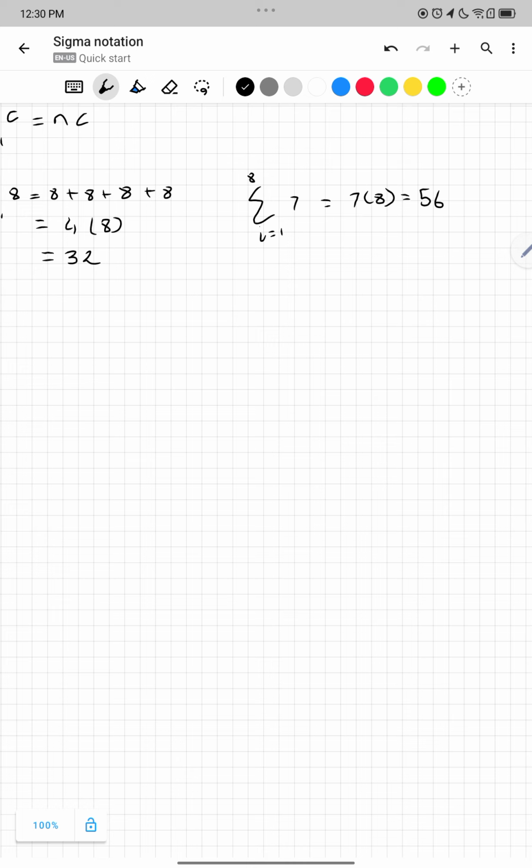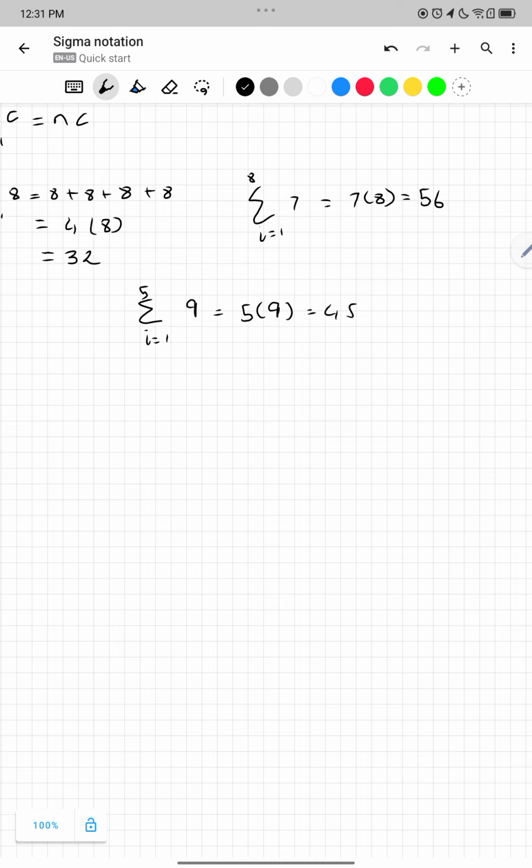And then the other one will be 5, i is equal to 1 to 5 of 9, which will be 5 times 9, which will be 45. So that's just the basics of it.